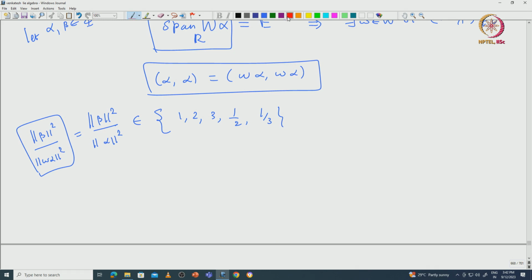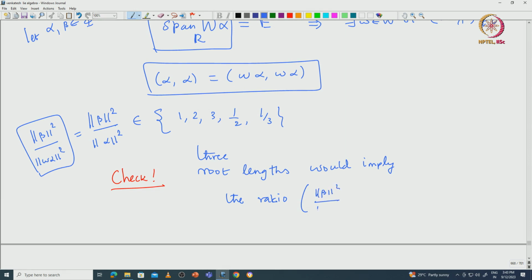Okay. So, this is something I will leave it to you to check. You have to convince yourself that we will get 3 by 2. So, the 3 root lengths would imply that the ratio norm beta square divided by norm alpha square will be of the form, okay.